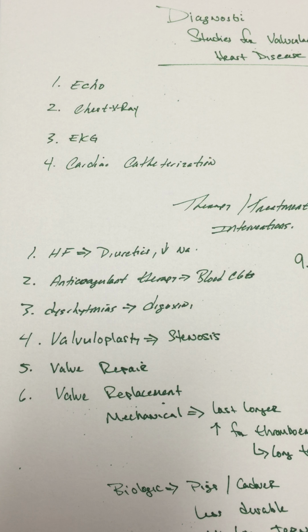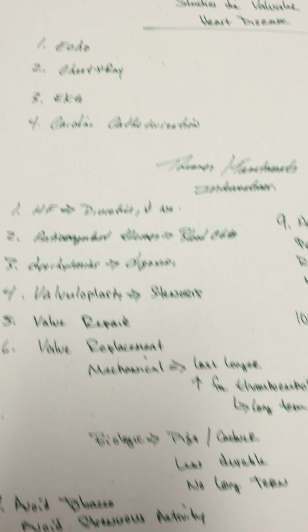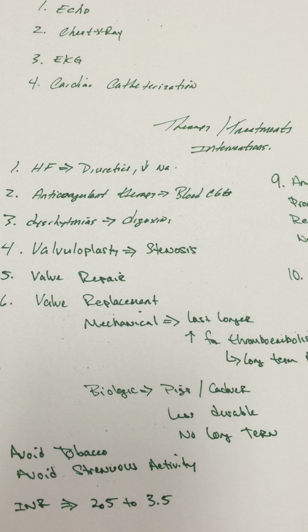You may prepare the patient for a valvuloplasty. Again, this would be for stenosis. You may do something like a valve repair, or the patient may opt for valve replacement. Now, if they have a valve replacement performed, they may get a mechanical valve or they may get a biologic valve.